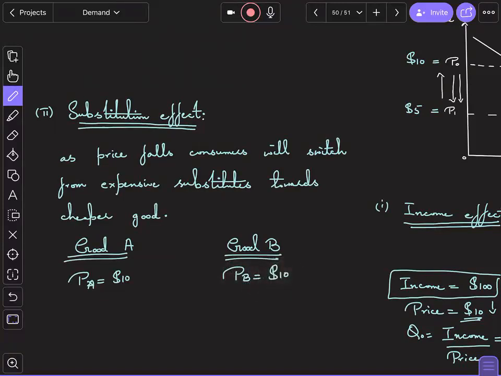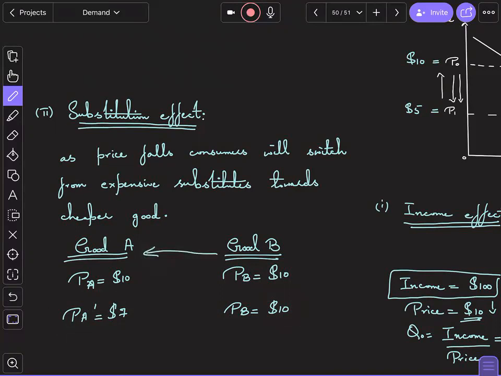So now the consumer is indifferent. They can buy good A, they can buy good B. But let's say now the price of A goes to $7 while the price of good B is still $10. So now people who were earlier consuming good B will substitute the consumption of good B in favor of good A. They will move towards good A.